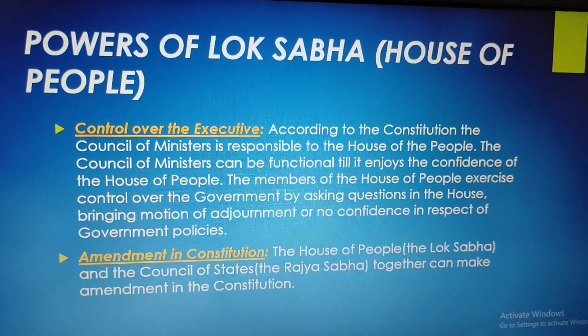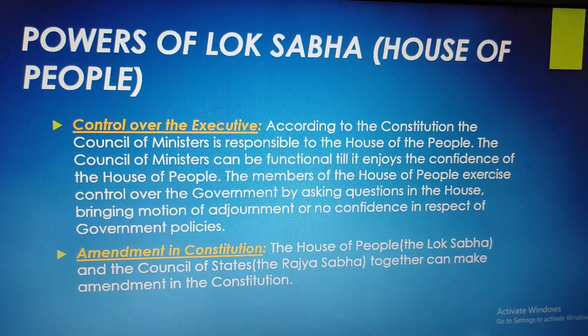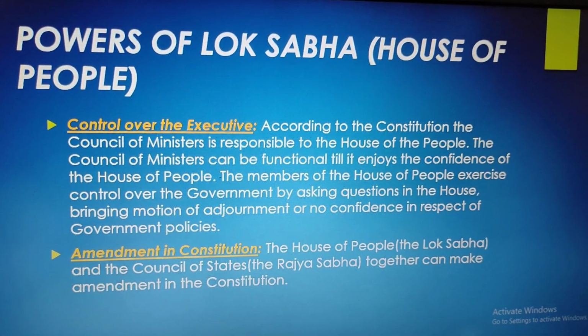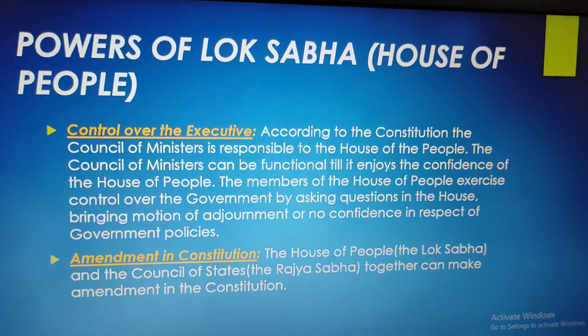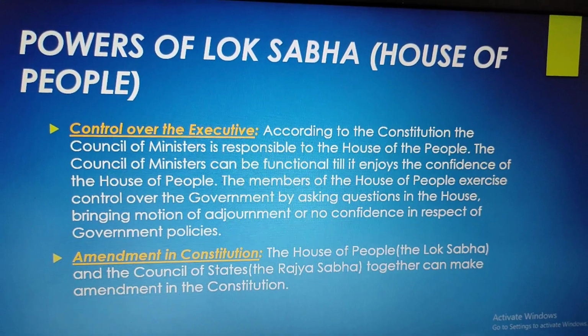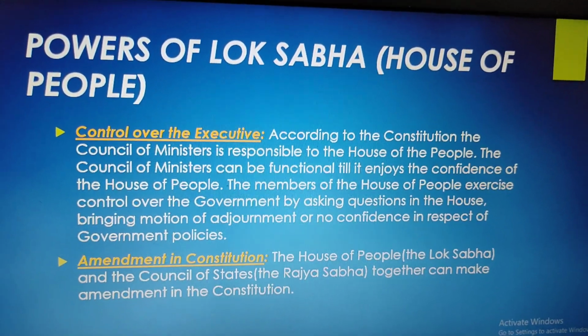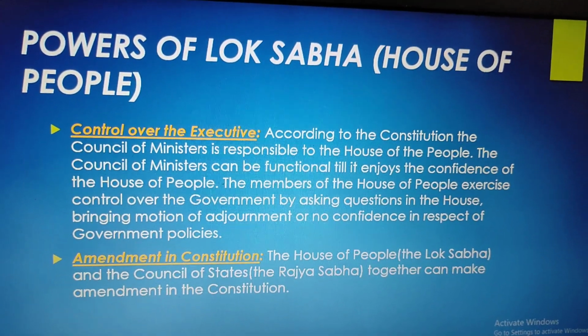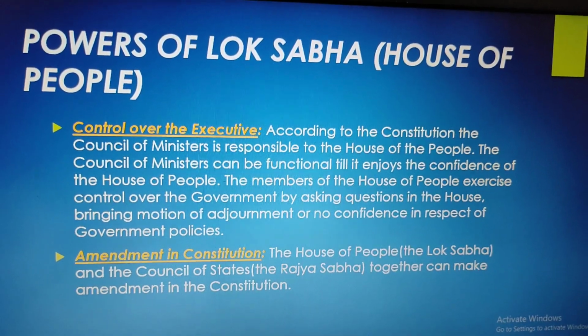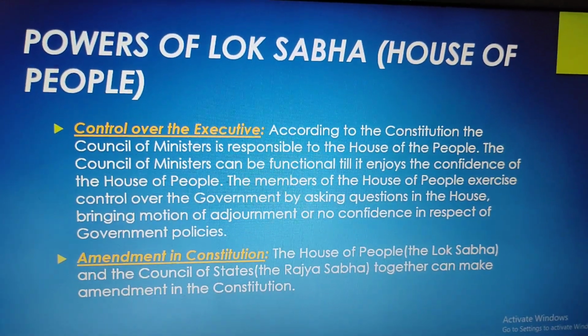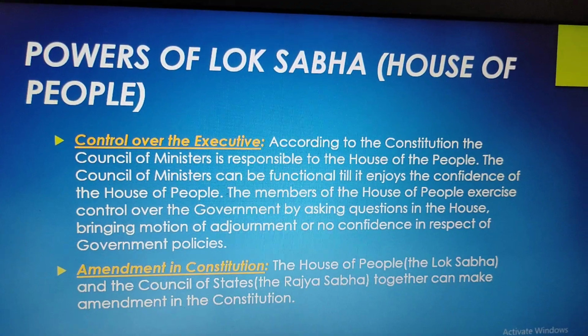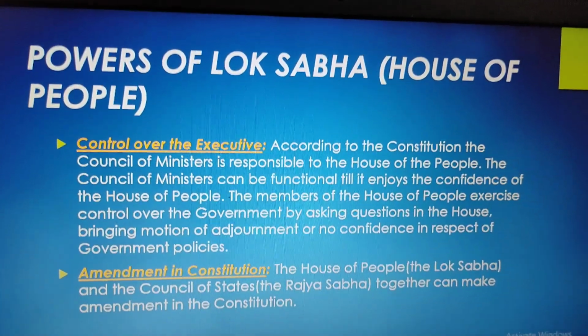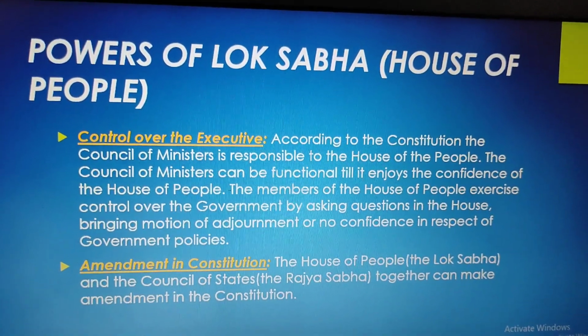Fine. So even according to the Constitution, the Council of Ministers is responsible to the House of People, because it is the House of People, the Lok Sabha only, which elects these Council of Ministers. And if this Lok Sabha votes in majority against these Council of Ministers, they'll have to step down. The Council of Ministers can be functional till it enjoys the confidence of the House of People.